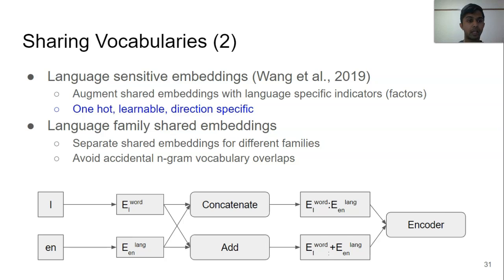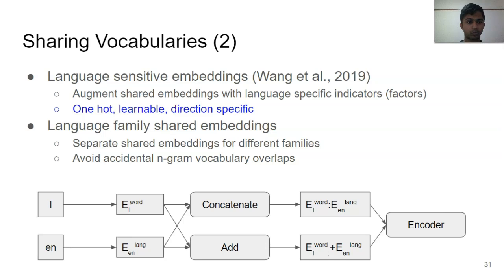So you can use the language indicator, in this case en, and generate an embedding out of it. This embedding can be used to augment the word embedding either via concatenation or by addition. And then this can be fed to the encoder or the decoder as applicable. And this way of generating language sensitive embeddings should help in adding some additional knowledge to the existing word embedding.